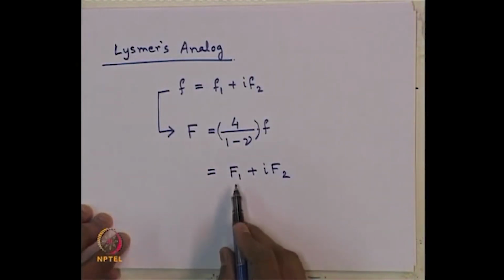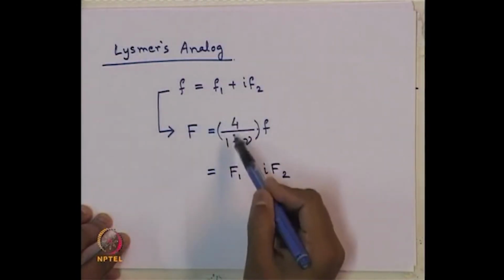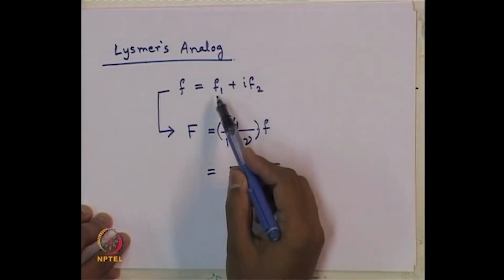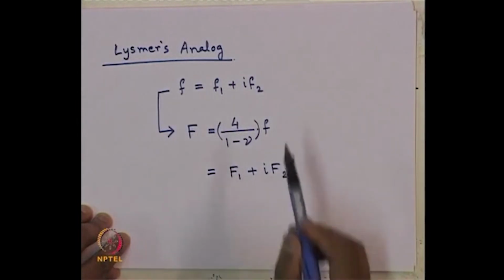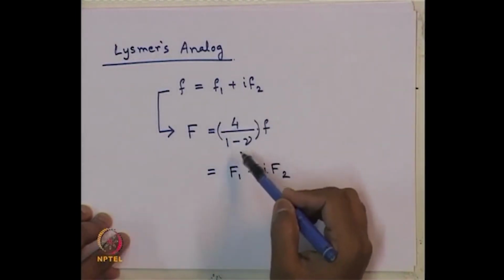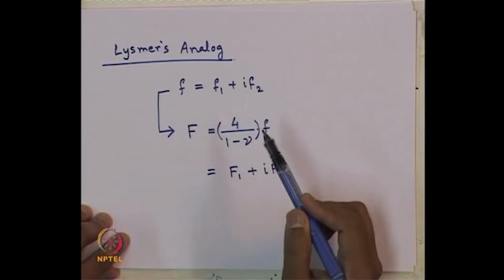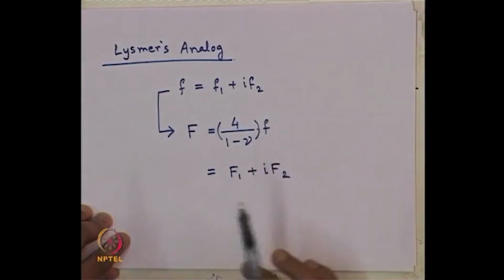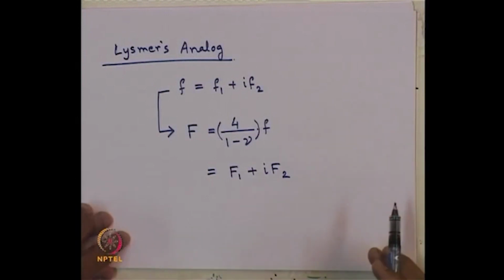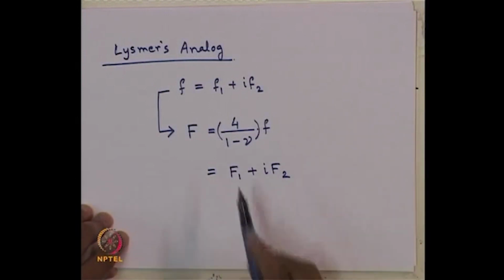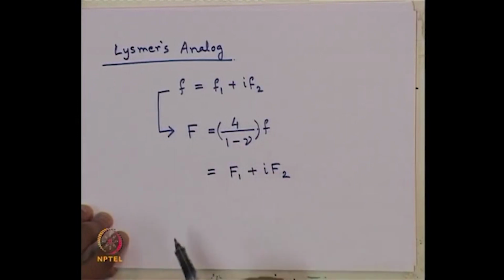So, capital F1 is nothing but 4 by 1 minus mu times small f1, and capital F2 is nothing but 4 by 1 minus mu times small f2. So, it is just a change from the Reisner model to the Lysmer analog by taking care of the Poisson's ratio effect in the expression of the displacement function itself.